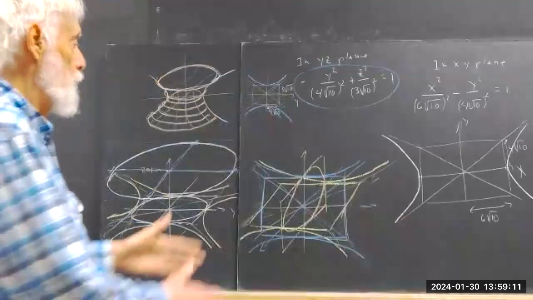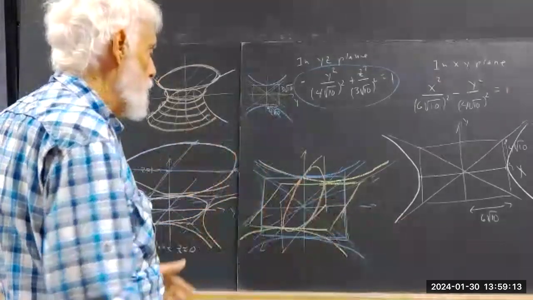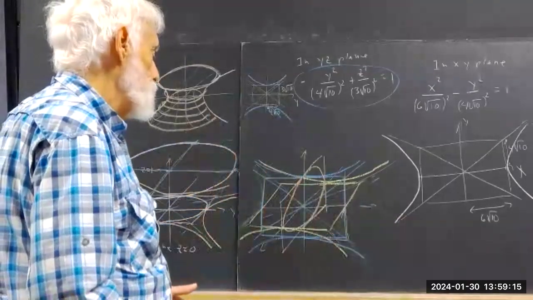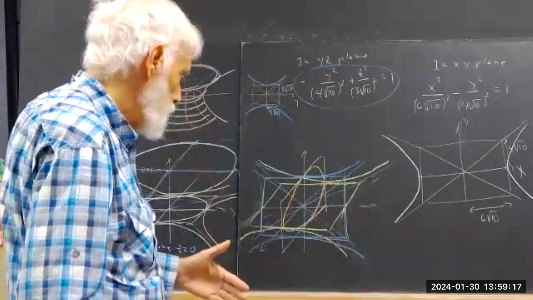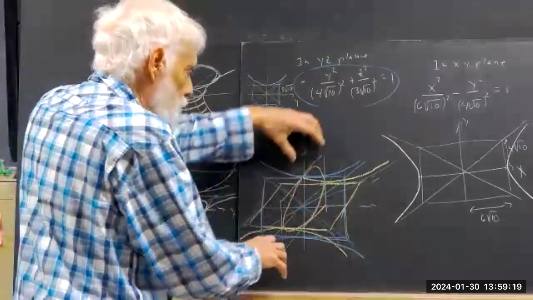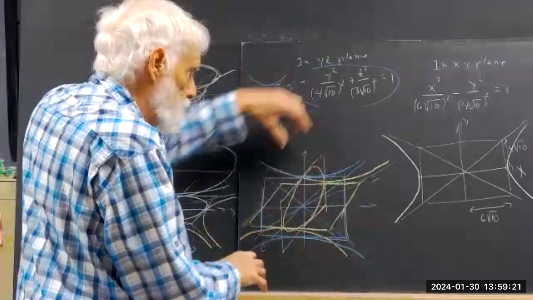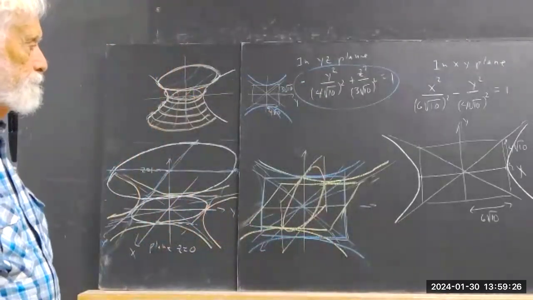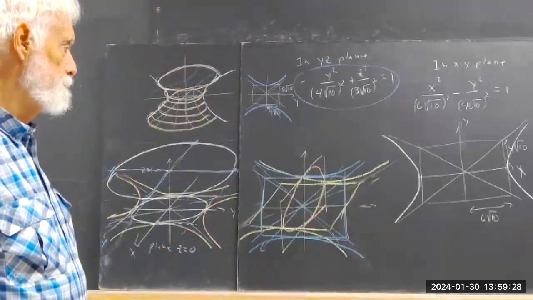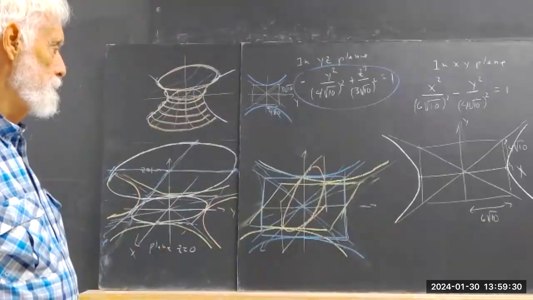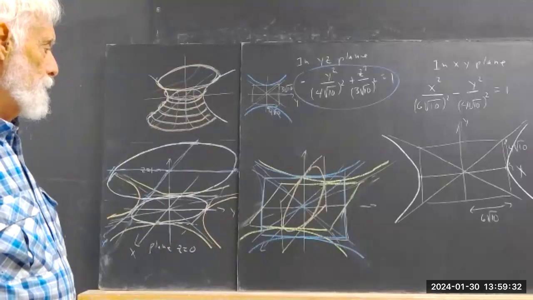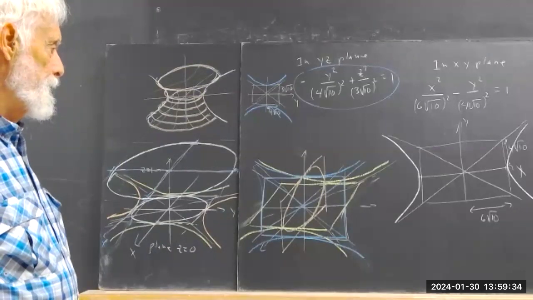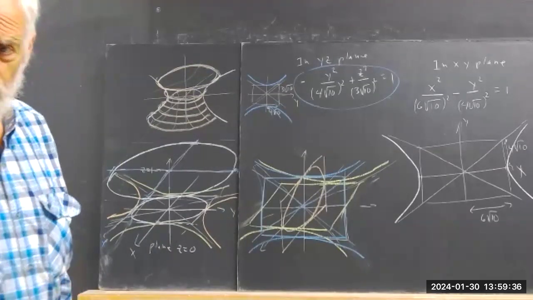And if you know what happens in the XZ plane, and also what happens in the XY plane, you can see that these ellipses have to intersect these hyperbolas, and that gives you a three-dimensional picture.